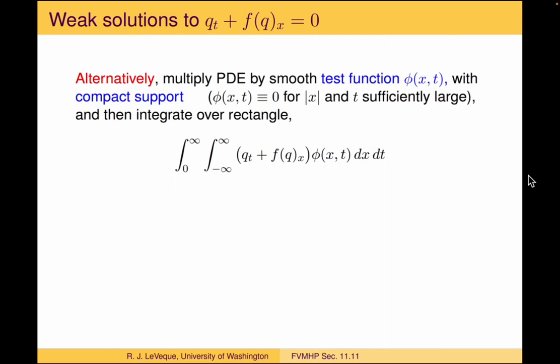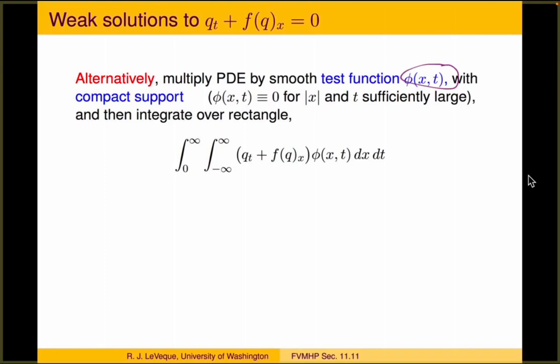Or there's another way to look at it that's actually easier to work with mathematically sometimes, and that is to define what's called a test function, phi of x, t, that's smooth and can be differentiated, and that has compact support, meaning that it's identically 0 outside of some finite interval.